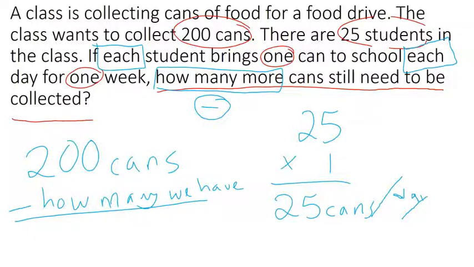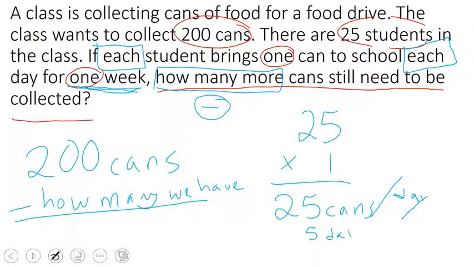The problem goes on to say that students are bringing 1 can to school each day for 1 week. So it's 25 cans every day, and they do this for 1 week. Now this is a school week, so I know that 1 school week has 5 days.